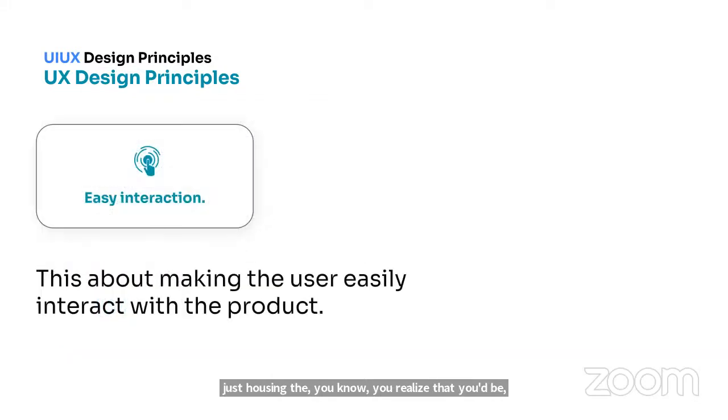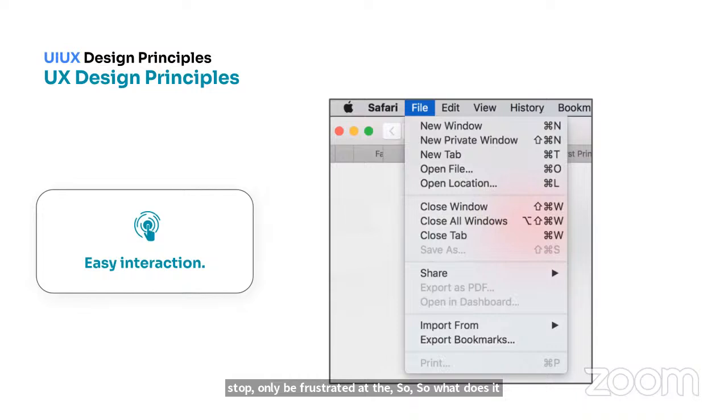So easy interaction is another principle. What does it mean to have easy interaction? Make things easy to work with. You realize that if you click on file or hover on something, it gives you a lot of options. It's not difficult to work with. So you have pop-ups, like if you click on something, the next thing appears.